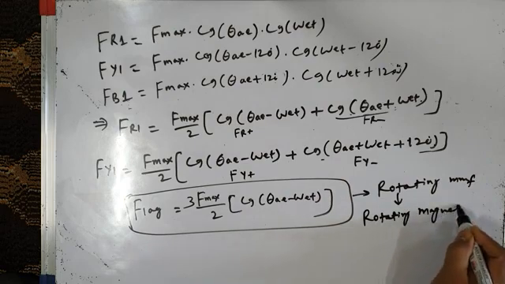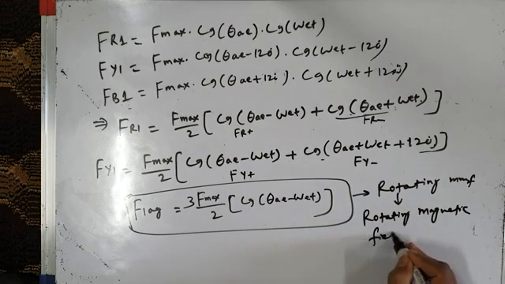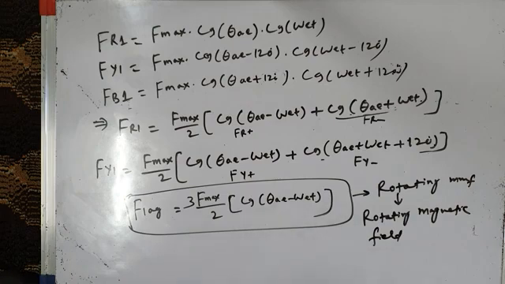Mathematically we have proven that the three-phase winding in a three-phase induction motor, when excited by a three-phase sinusoidal supply with three-phase sinusoidal currents flowing, produces a rotating magnetic field.